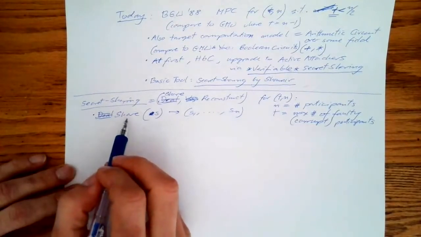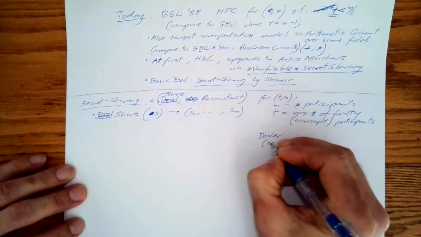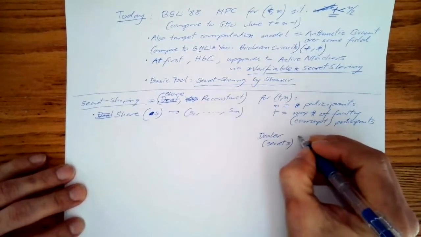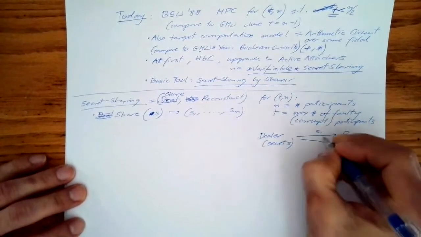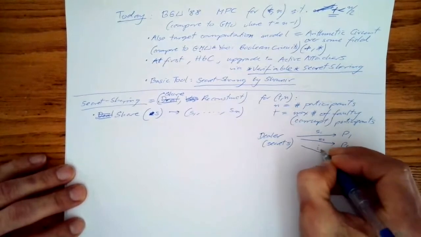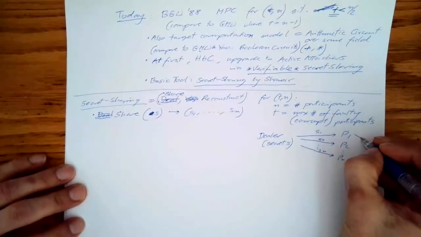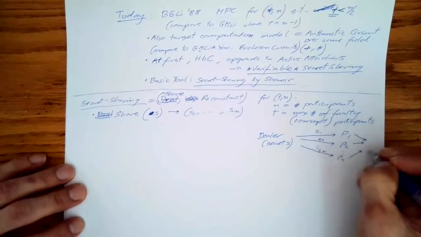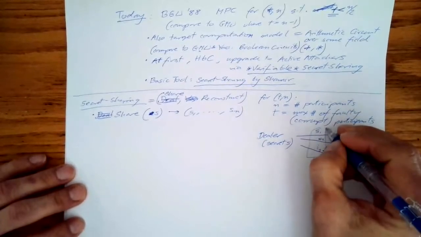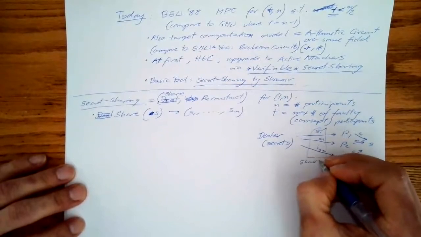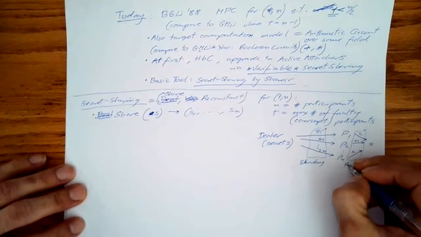So the picture is that there is some party called a dealer who has a secret S. And what the dealer wants to do is to share the secret among a group of players such that later these players will be able to reconstruct the secret S. This is called the sharing. And this phase is called reconstruction.